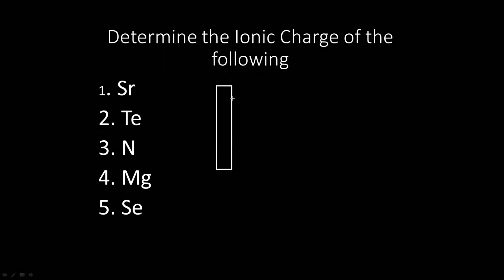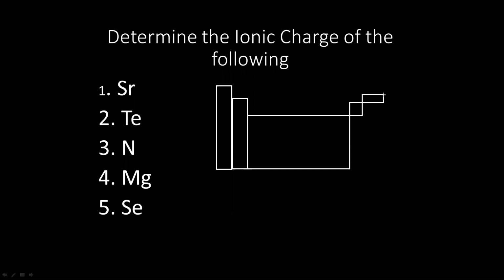So we got our little periodic table with the stair step, and then the big old space in the middle, and then this other block here, and then the noble gases on the end. So what we do is we put our finger where we see strontium, which is in group 2.